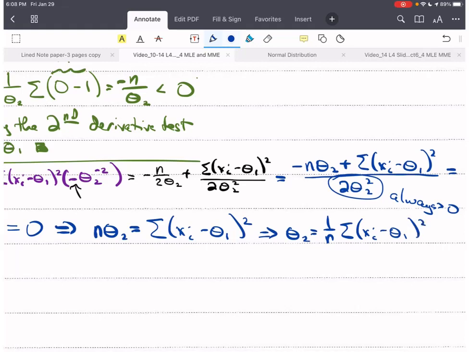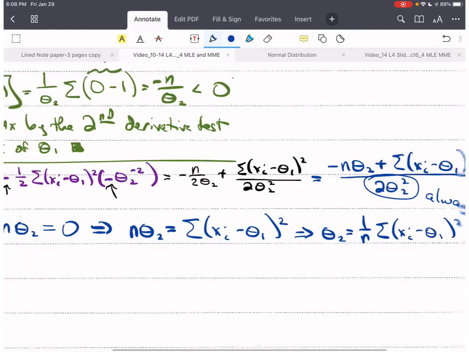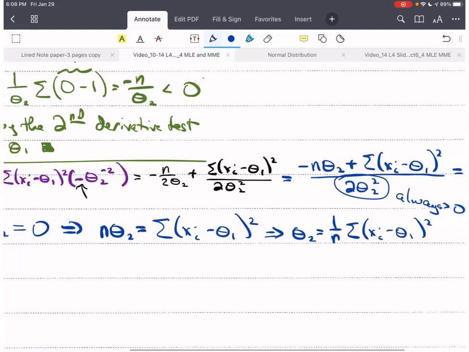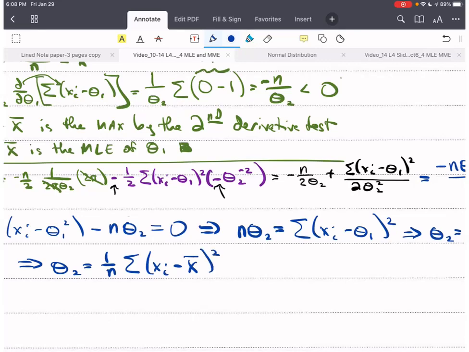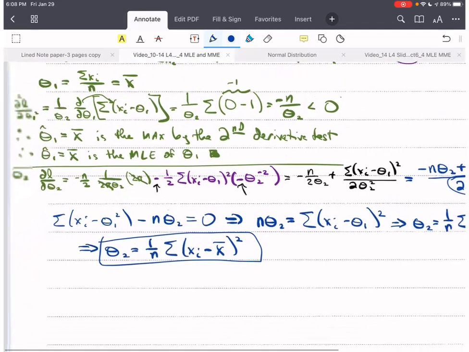Okay. Now I substitute in theta 1 hat: 1 over n sum of xi minus theta 1 hat, which is x bar, squared. Okay? And I shouldn't just circle that. So that's my answer.